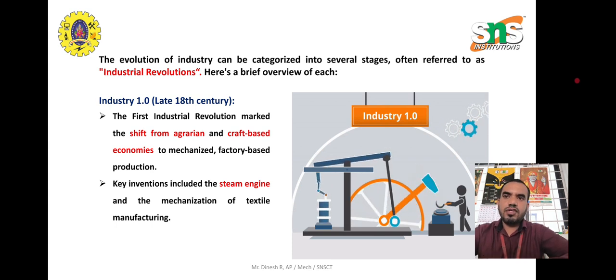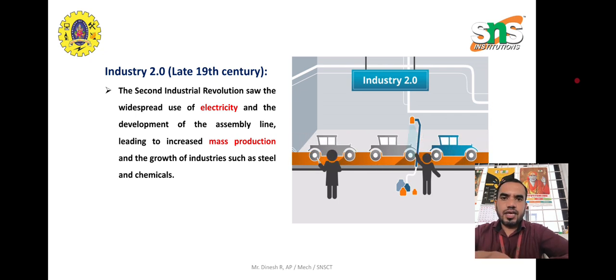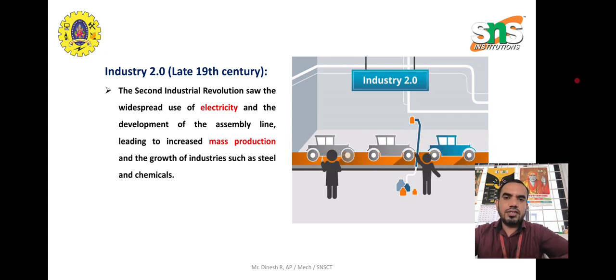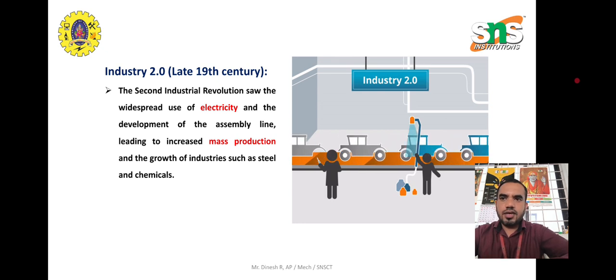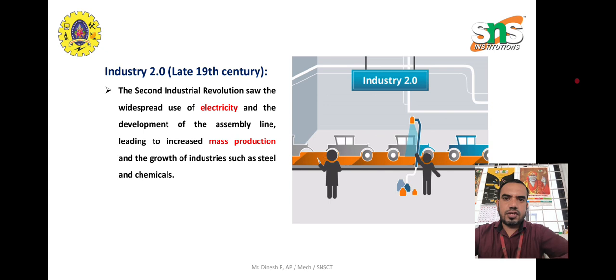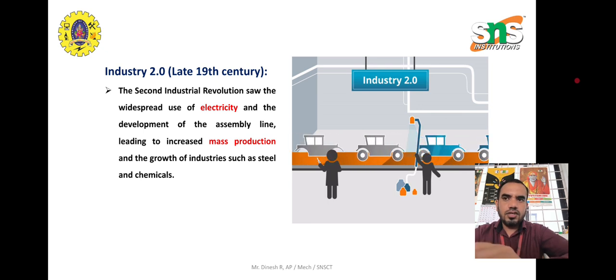After that, electricity was implemented in the industries. At the same time, we used drives and motors in the manufacturing sectors. This is where the term mass production was invented, in industry 2.0.